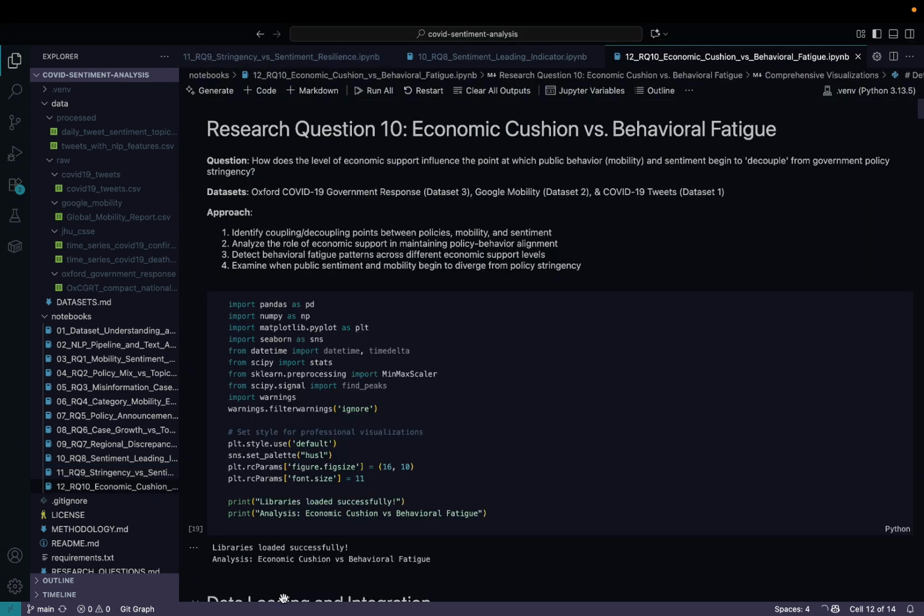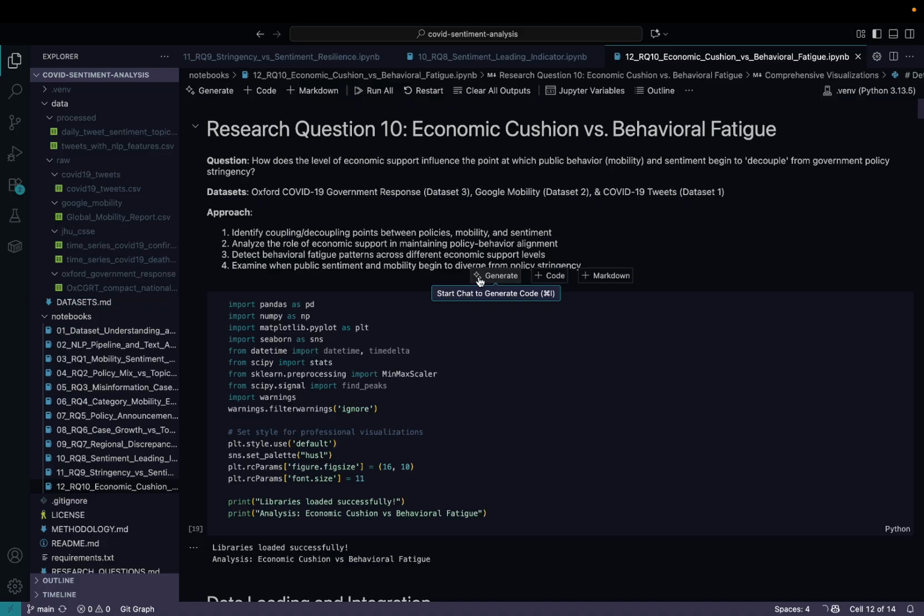Now taking a look at question number 10, which handles the relationship between economic cushion and behavioral fatigue. The question is: how does the level of economic support influence the point at which public behavior, that is mobility and sentiment, begins to decouple from government policy stringency? To answer it, we have used three datasets: the Oxford dataset, the Google Mobility dataset, and the COVID-19 tweet dataset.